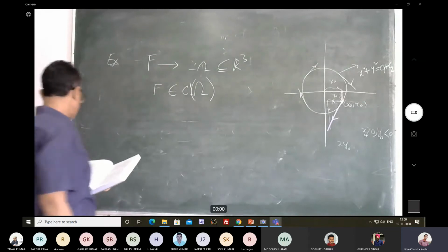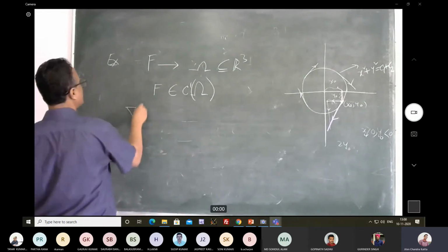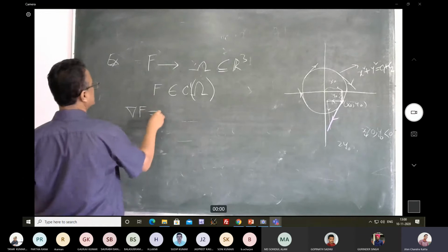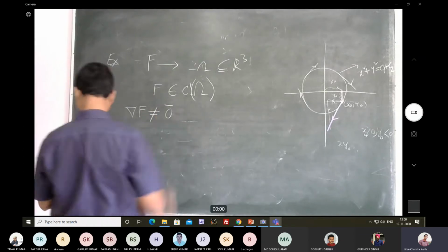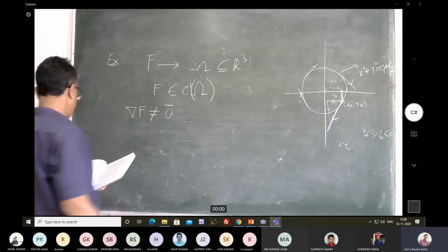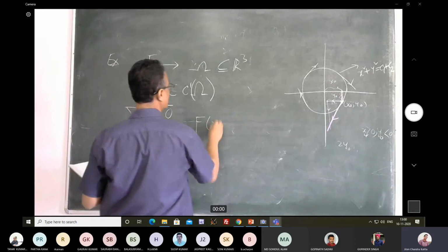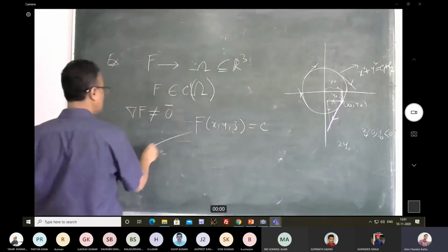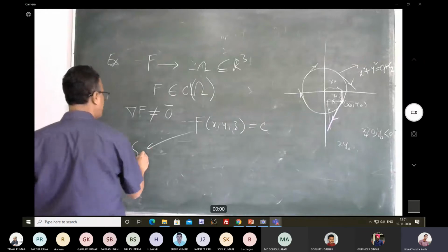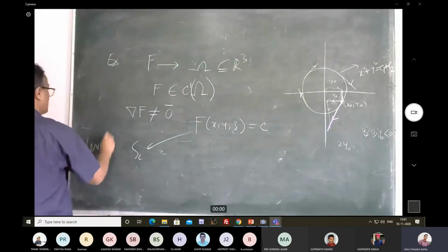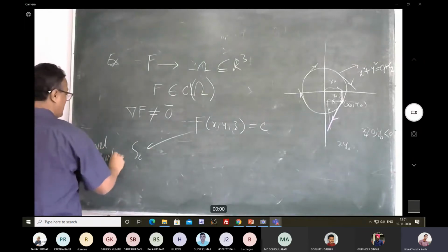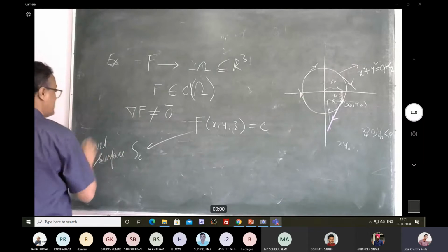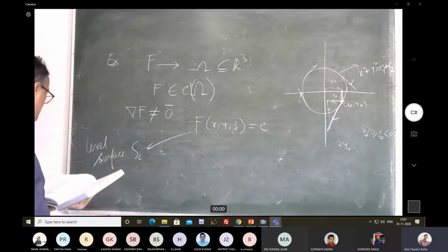And of course I have been given that grad f is not equal to the 0 vector. And this is the level surface, say I am calling it SC. This is the level surface SC.